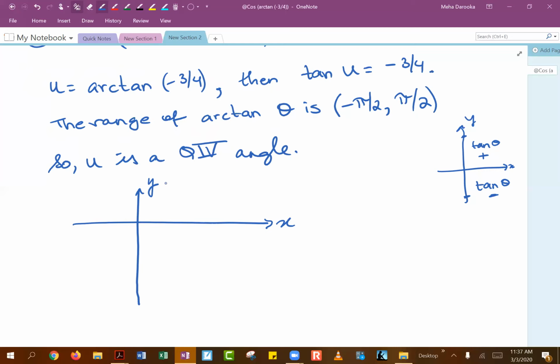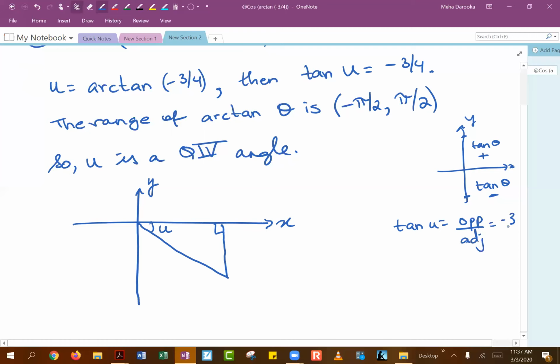Okay, yeah, very good. So for a quadrant 4 angle, if we draw our little right triangle, it will end up looking something like this. Again, your central angle would be your angle u. Now we are told that tangent of u is -3/4. So remember, tangent is opposite over adjacent. So opposite would be -3, adjacent would be +4.